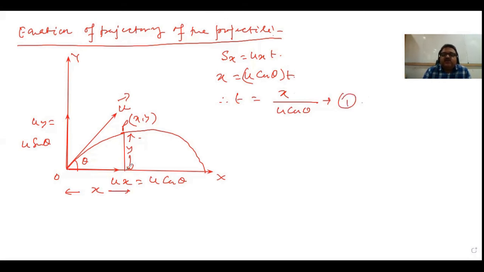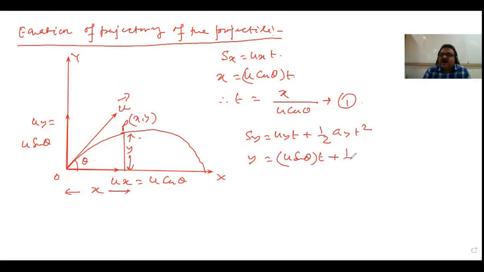Now, let us find out the motion along y-axis. Correct? So what you have to do? Let me apply this formula. Sy equal to uy t plus half ay into t square. What is sy? It is y. What is uy? It is u sin theta into t, clear?